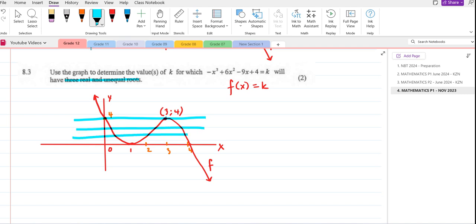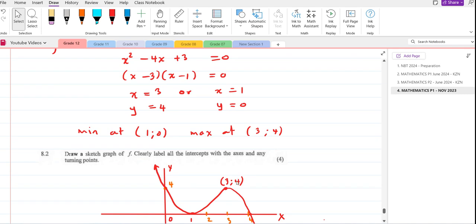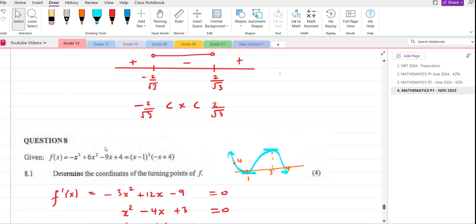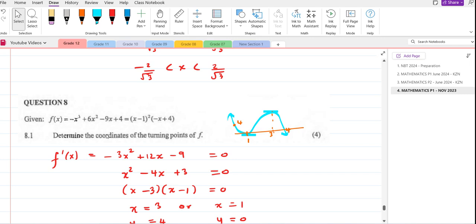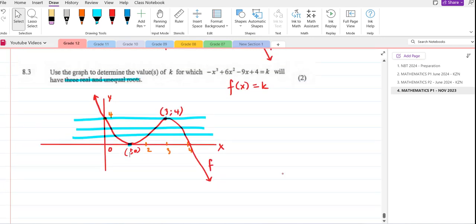Now we're looking at y values, so between 0 and, just a second, I want to check if this value was 4 there. Yeah, I think it is 4. So between 0 and 4, the values of k are between 0 and 4.